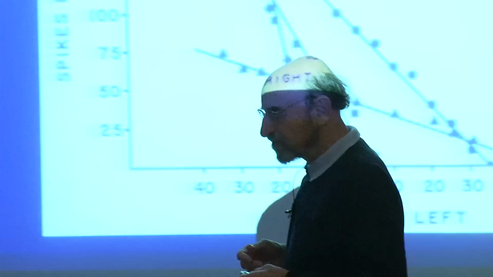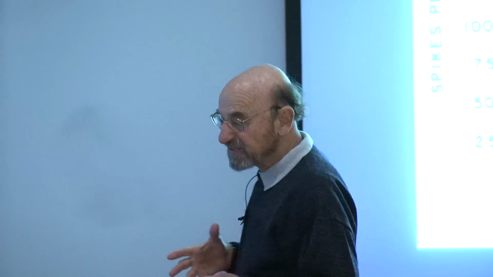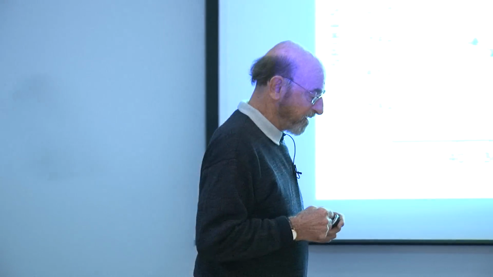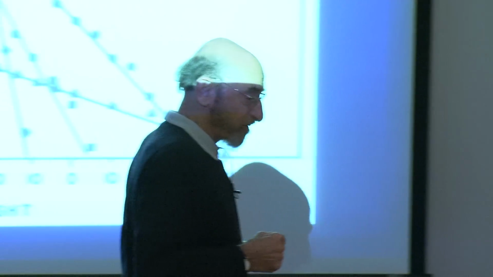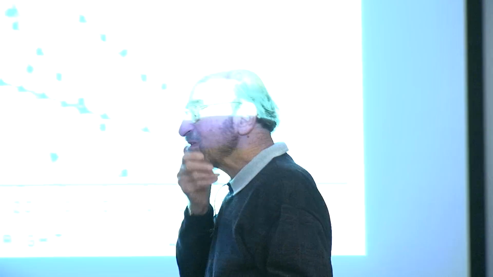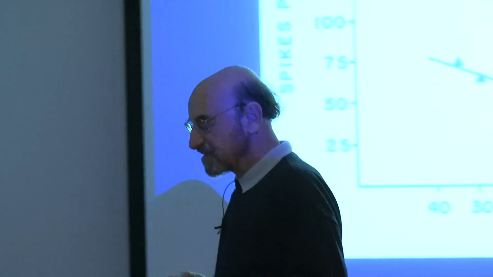Some people argued, when they initially began to record from these oculomotor nuclei, that we have 2 different sets of neurons in the final common path, one of which controls saccades and one of which controls maintained position or smooth pursuit. Well, that's not the case. The case is that these neurons do both.